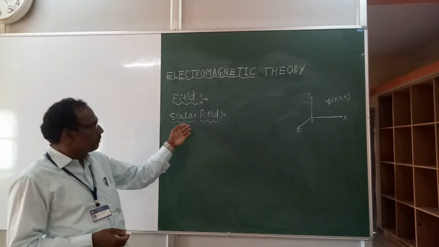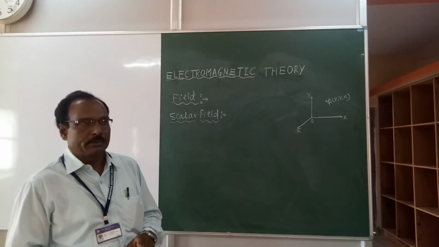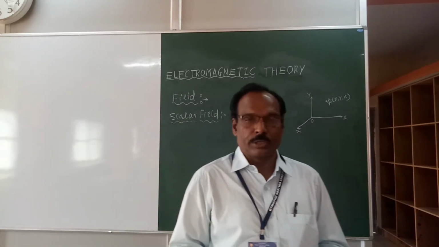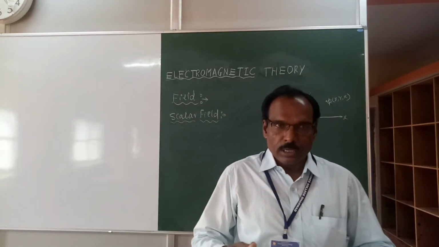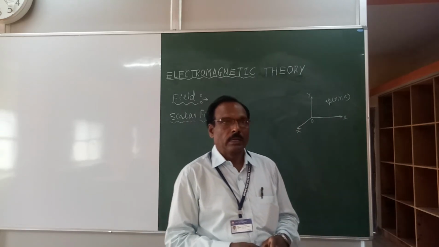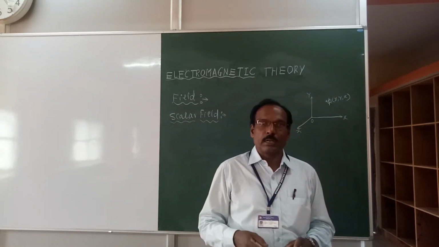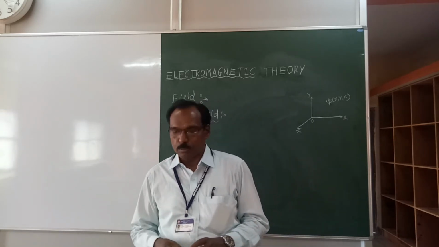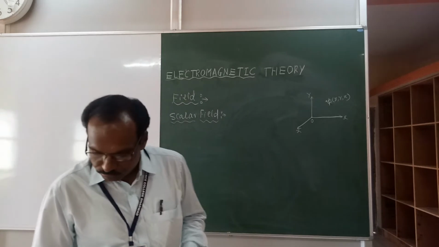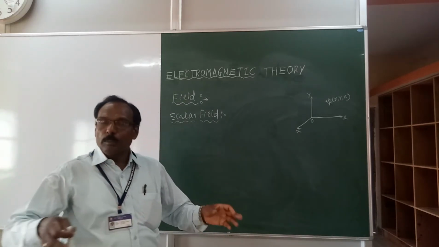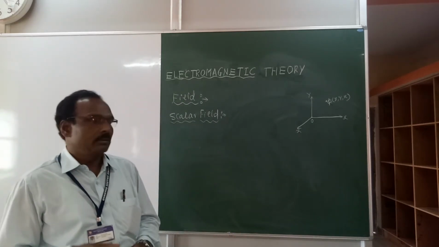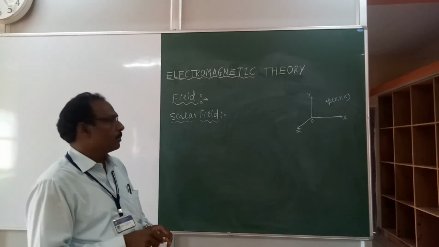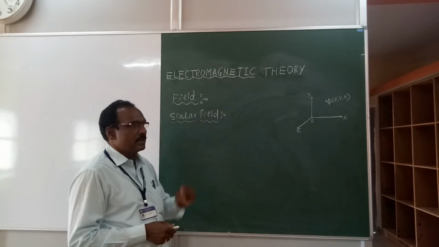So, what are the examples of this scalar field? Distribution of temperature, or distribution of electric potential around a charged body. So variation of electric potential around a charged body is an example of a scalar field.